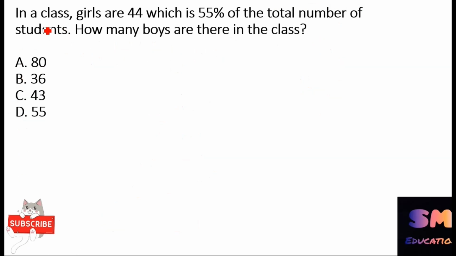Next one. In a class, the strength of girls is 44, which is 55% of the total number of students. How many boys are there in the class? Girls are 44, which is 55% of total number of students.